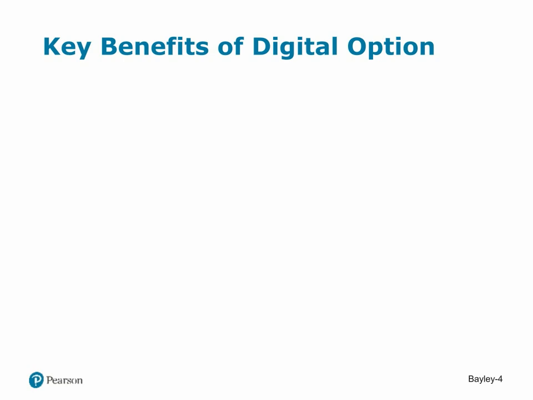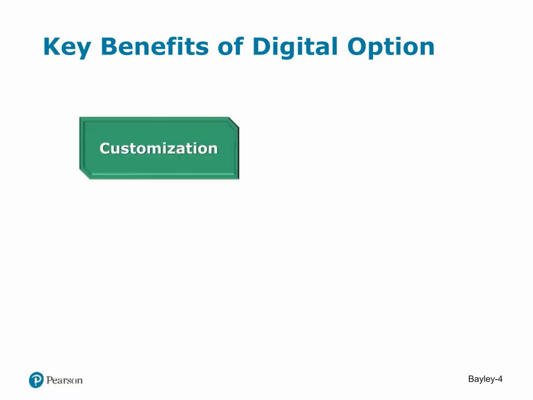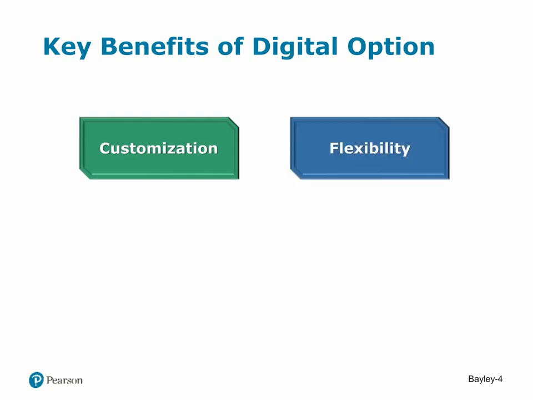The digital option for the Bayley-4 offers several key benefits. One benefit is customization. For example, you will be able to adjust the start point for prematurity. The digital option also provides flexibility. You will not need a separate record form or administration manual, and the system will support administration of related items.